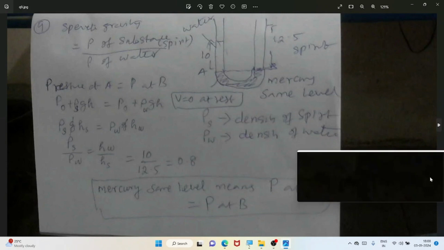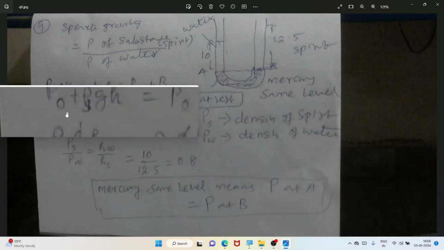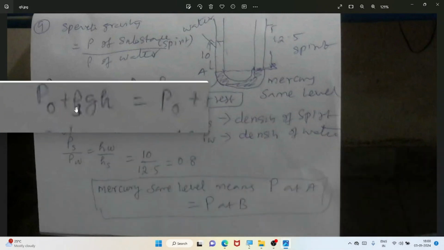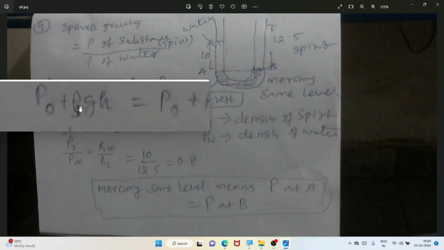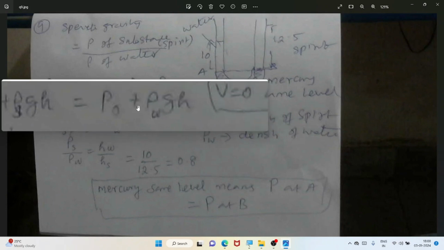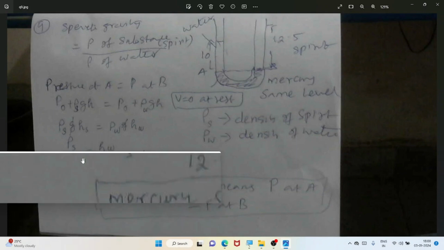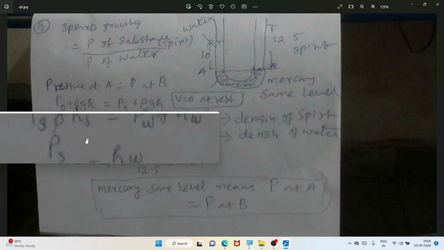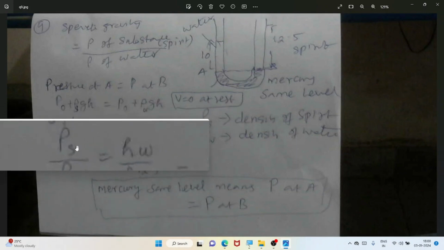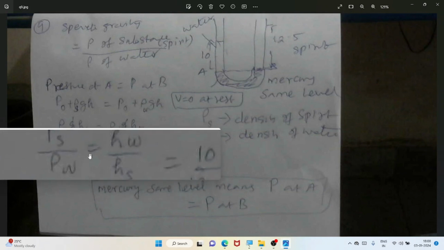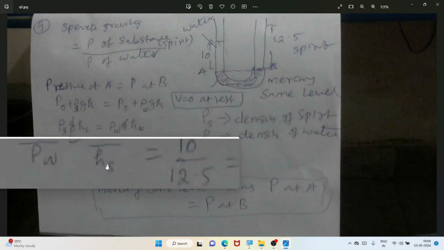At rest, we use Bernoulli's: P atmosphere, that is outside, plus rho g h equal on both sides. So these two will cancel out, g also will cancel out. So the density of the spirit divided by the density of water equals the height of water divided by the height of spirit.